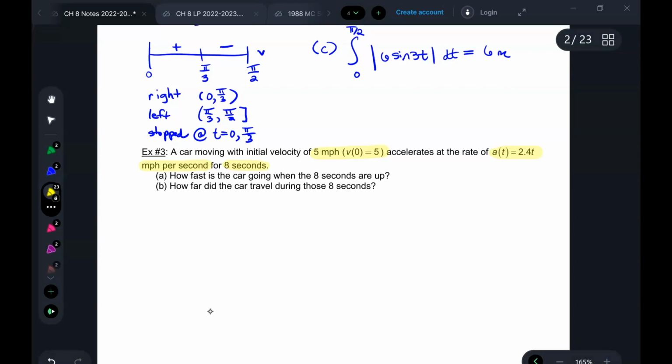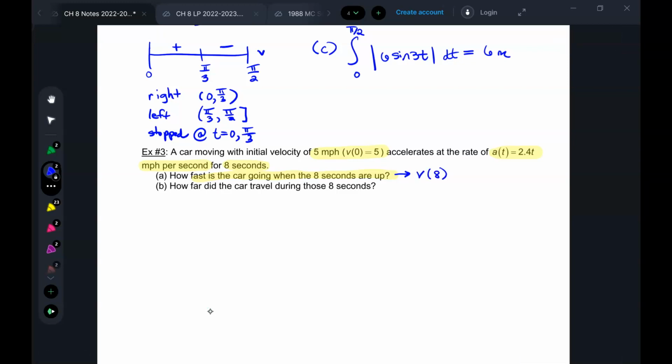So we want to know how fast the car is going when the 8 seconds are up. Okay. There's 2 ways we could do this. What are we trying to find? We're trying to find v of 8.